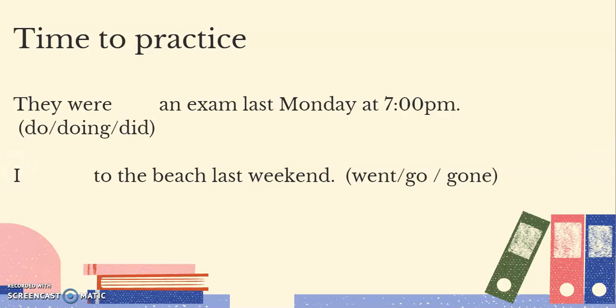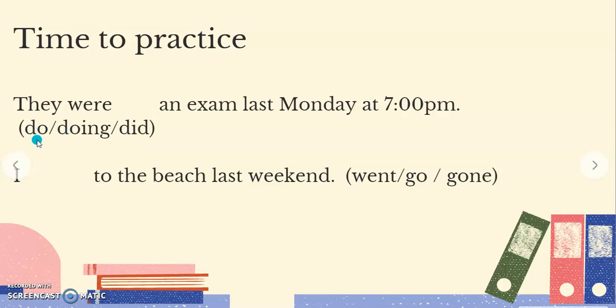Here, I have two examples that we are going to practice in order to choose the best answers or the correct answers for this. And the first one is, they were an exam last Monday at 7 p.m. And I have three options. I have do, I have doing, and I have did.